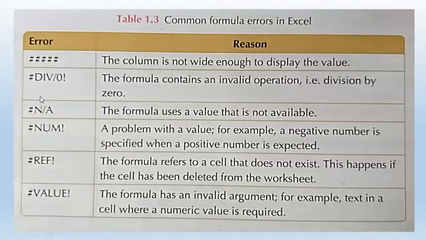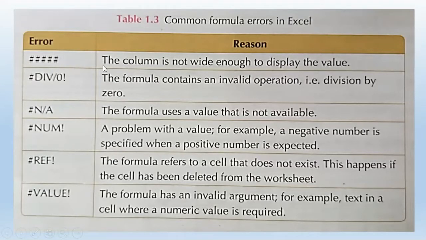So I will show you. These are some common reasons present in the formula because of which the formula does not generate the proper result that we required. So these are the error results. This one, the hash sign, means the column is not wide enough to display the value. Whenever you are creating a formula and you require a result, sometimes it shows this type of sign.